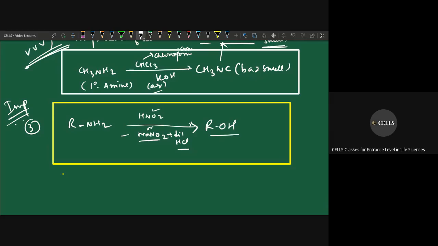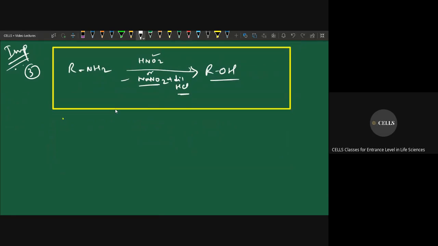So tell me, what will be the answer of this? Suppose in the R group you have an acetyl group, CH3CONH2. Sorry, it is not acyl, it is the acetyl group.